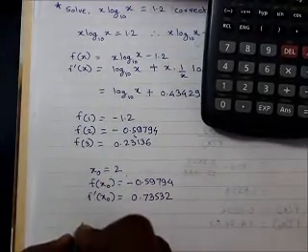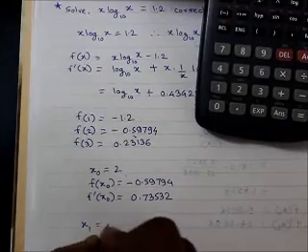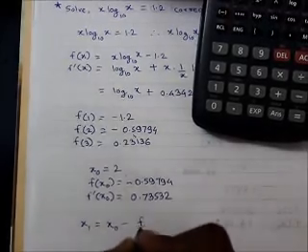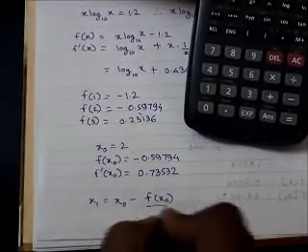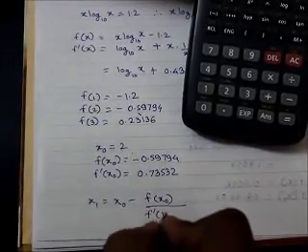So that will give us our initial approximation x1, that is equal to x0 minus f of x0 upon f dash x0.